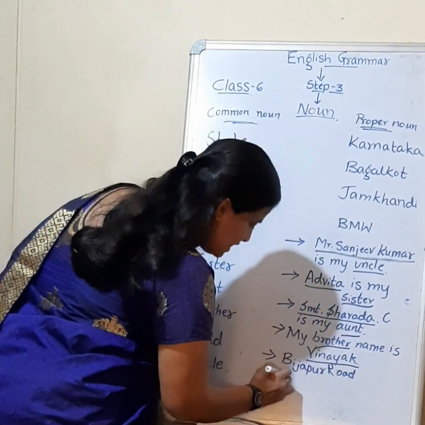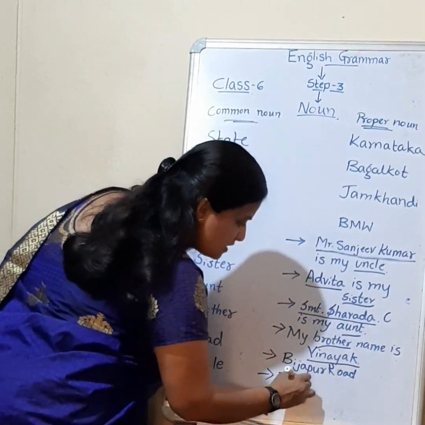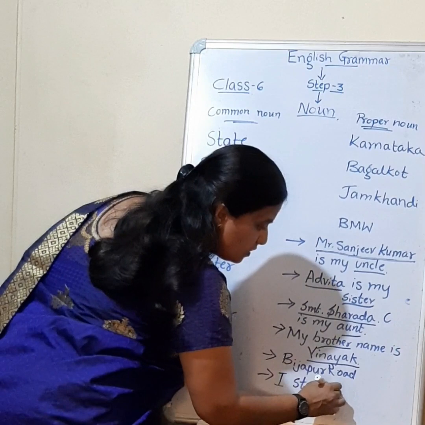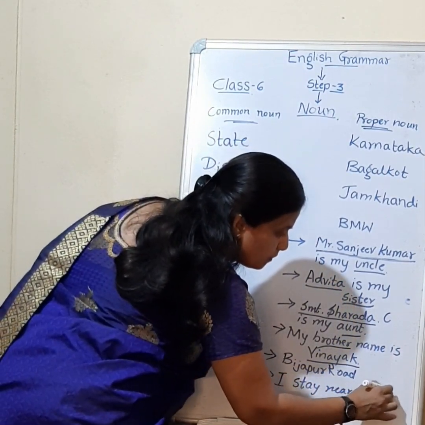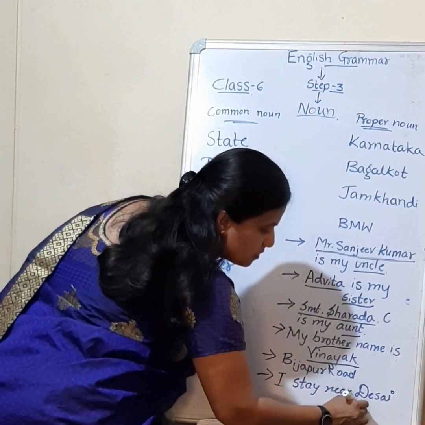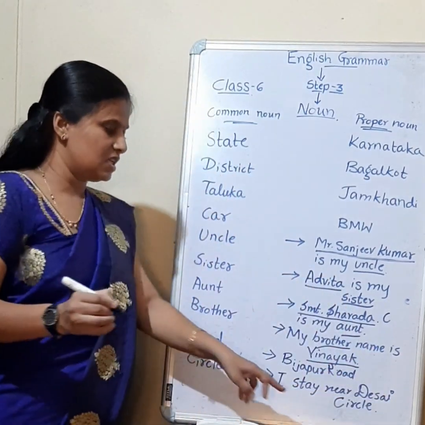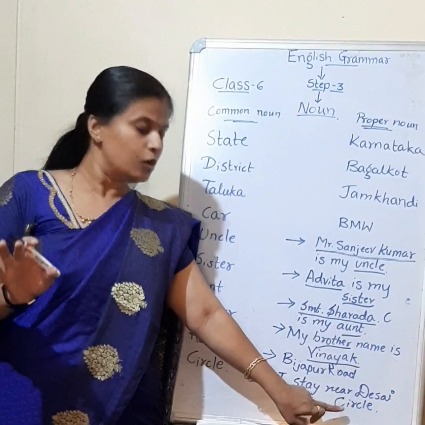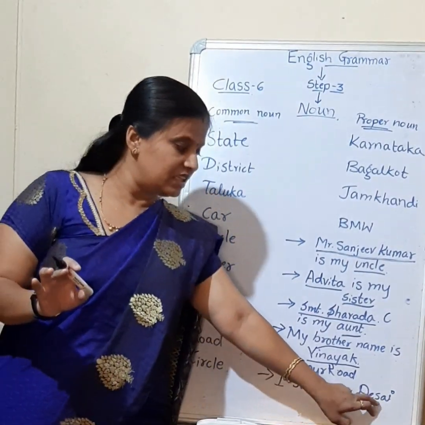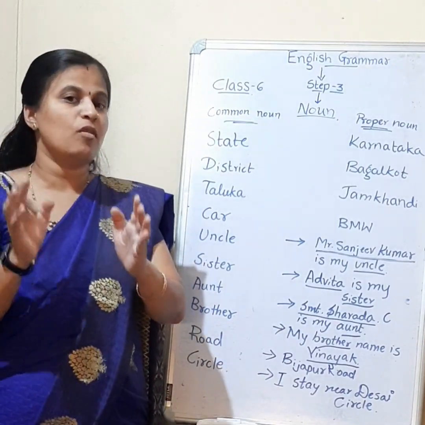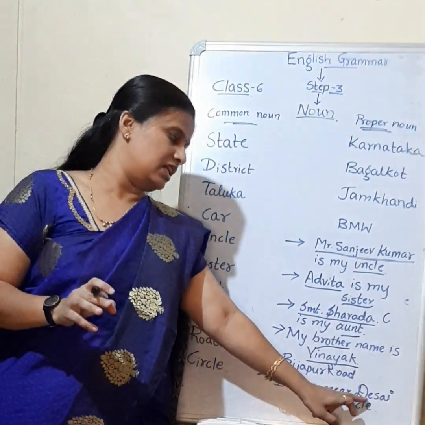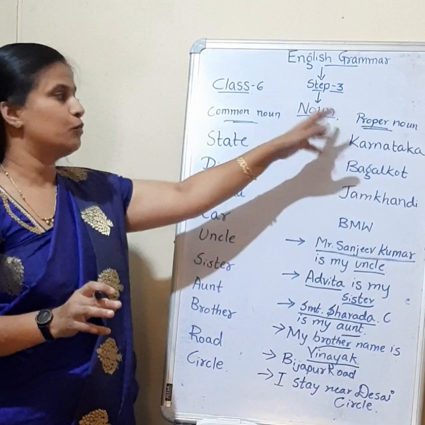Now I stay at SI circle. So you can see here, the word circle is a common noun, and SI circle I have used completely. So particularly we are mentioning the name of that circle, so we can say that SI circle is a proper noun.